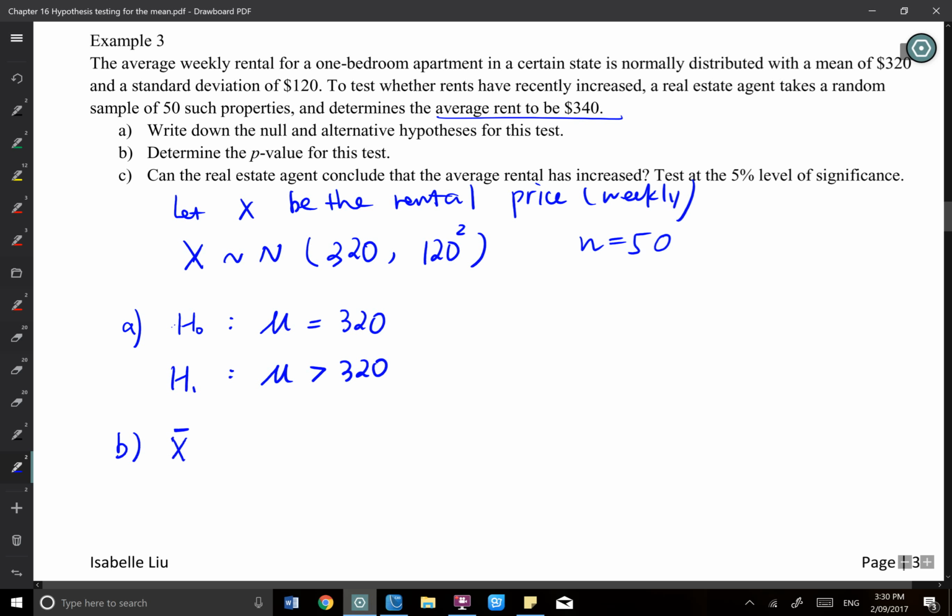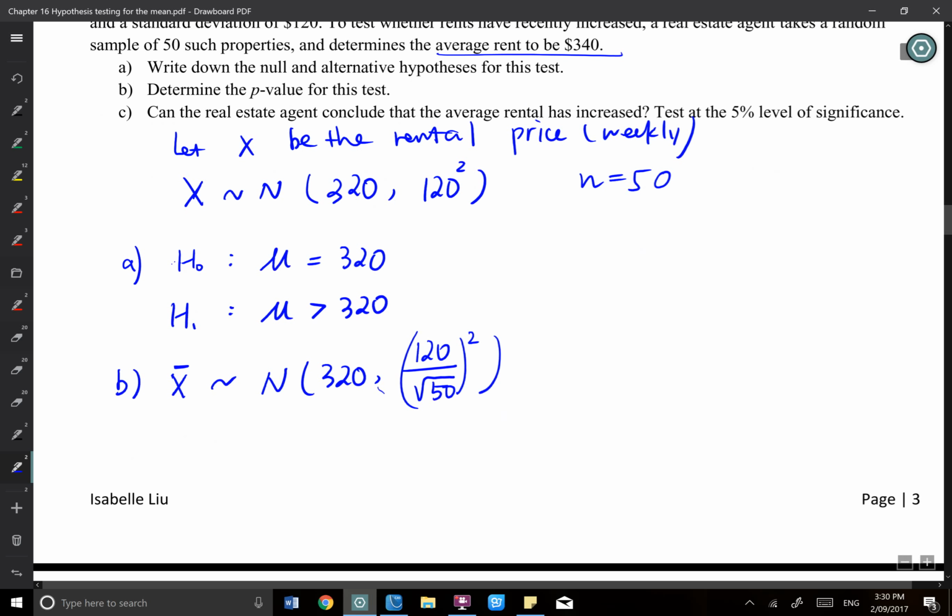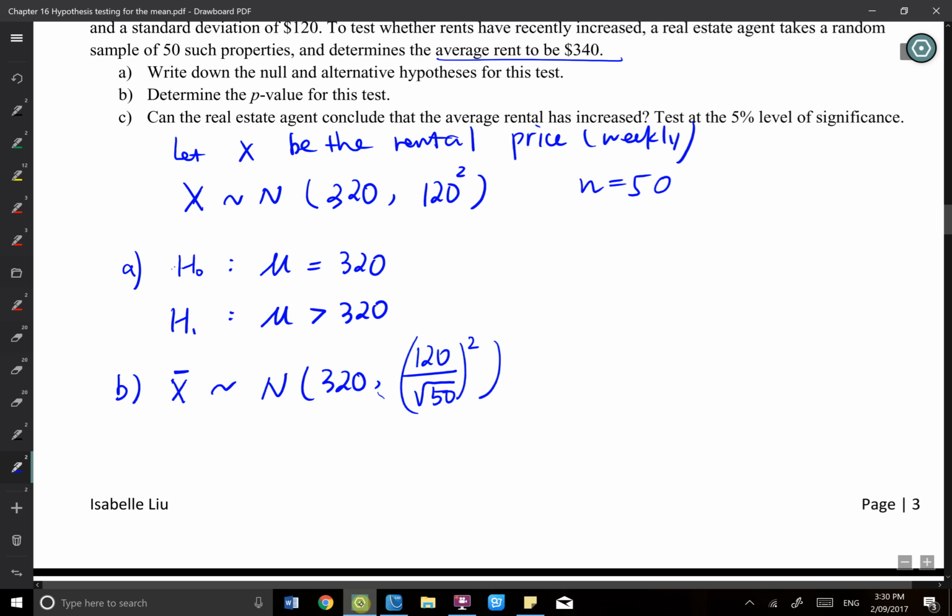First of all, let's say what's x bar? Mean 320. We still assume H0 is correct this time. Okay, 320 and the standard deviation over the square root of n. That's the notation. That's the probability that x bar is greater than what? 340.